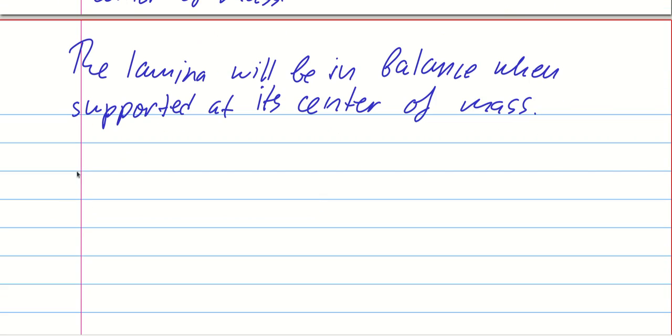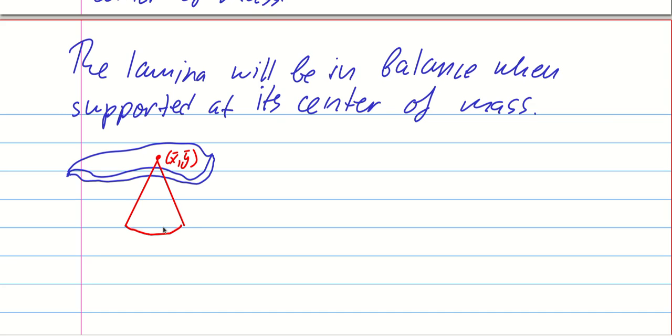So basically, if we have some lamina, and this is the center of mass over here, suppose it's here, this is our x bar, y bar. If we put some kind of a support over here, it will be in balance, it will not fall down.